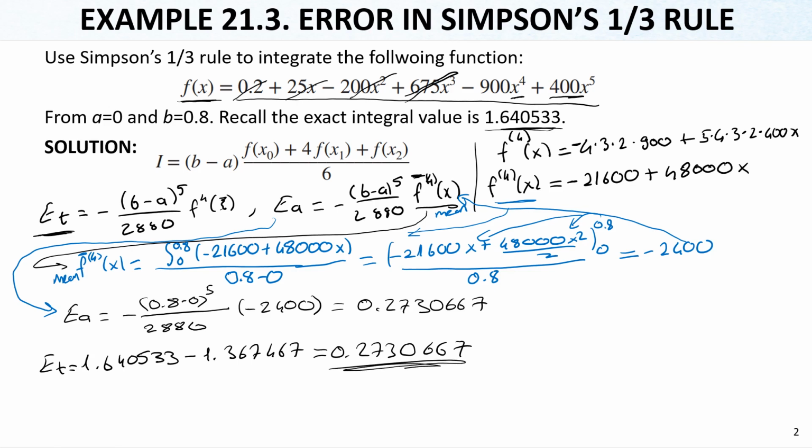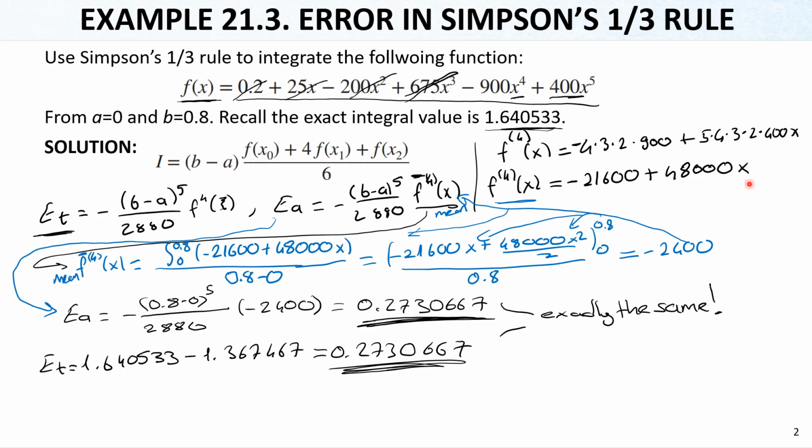Interestingly, the true error and the approximation error are the same, exactly the same. And maybe you can consider why, but the reason is simple. When you check the fourth order derivative, that's just a linear function.